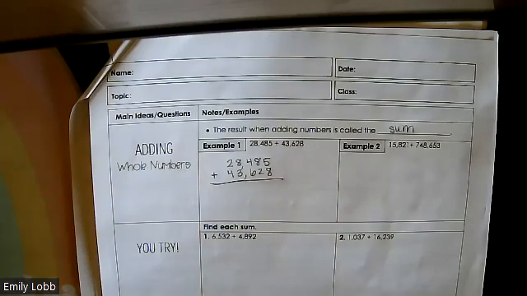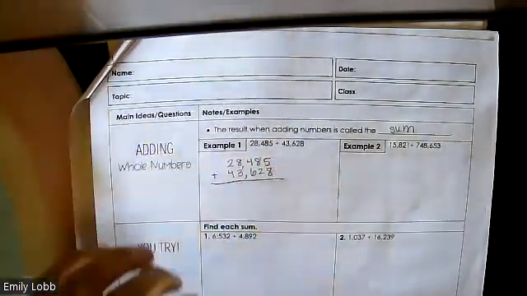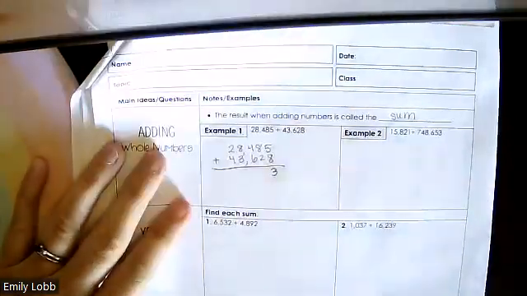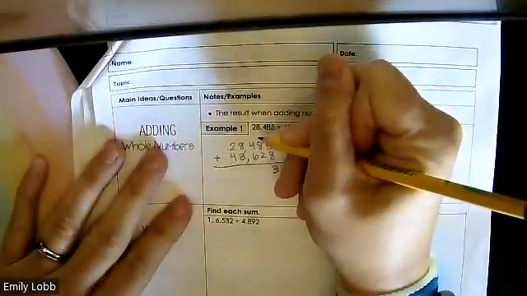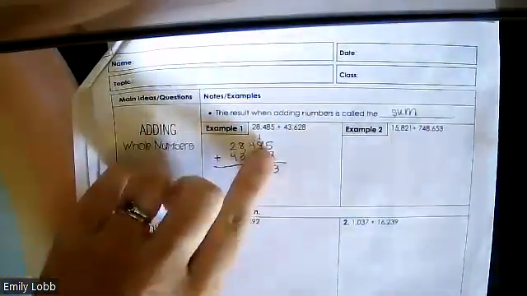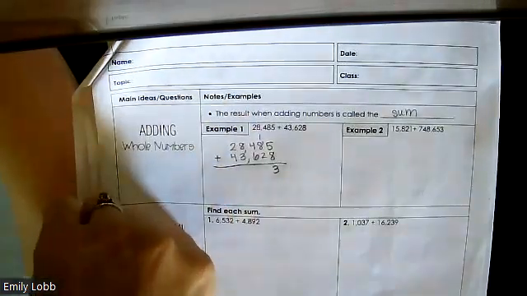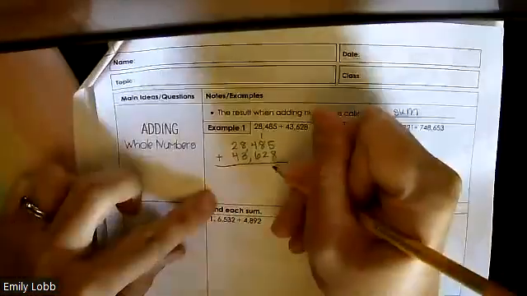We use standard addition, so we would say 5 plus 8 is 13. I would bring the 3 down, but the 1 I have to carry to the tens place. So I would say 8 plus 2 is 10, plus that 1 makes 11.